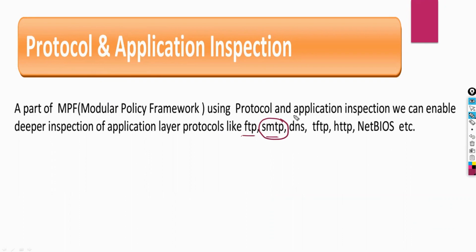So both are the same. You can say application or you can say protocols, no problem. It does not mean a pure separate application like Facebook or LinkedIn. Okay, now it's clear.